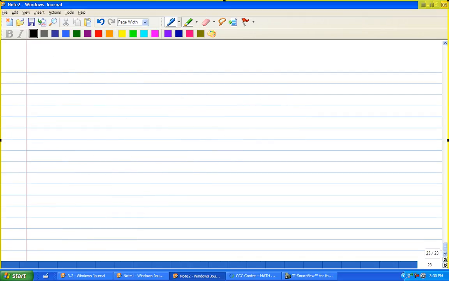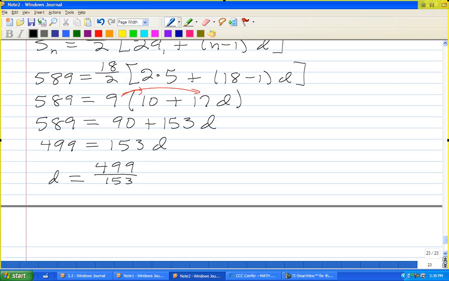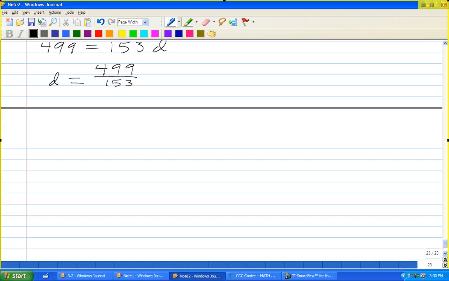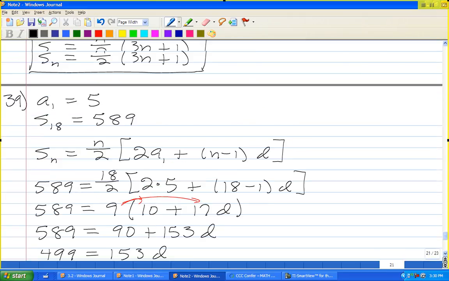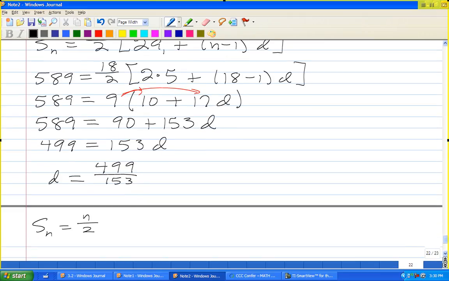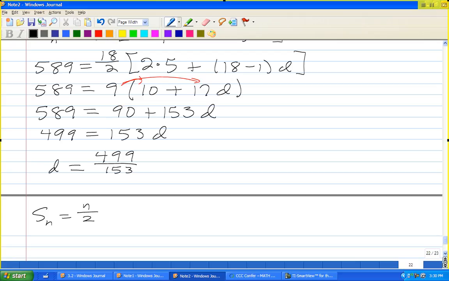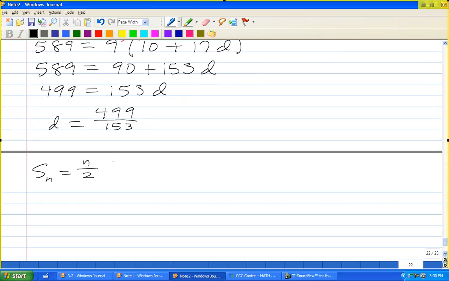And so I have that S sub n is equal to n over 2 times 2a1 plus n minus 1 d.